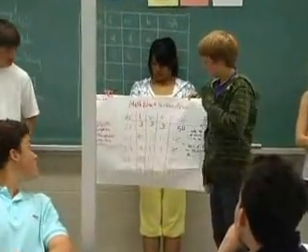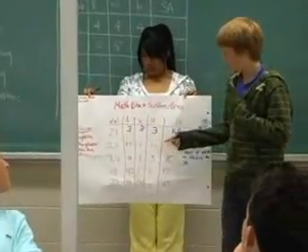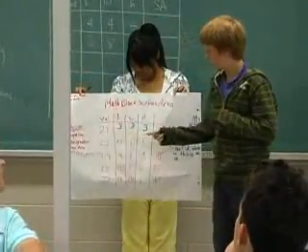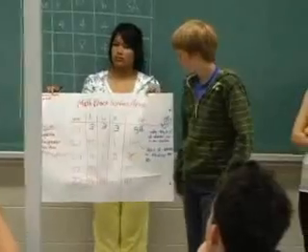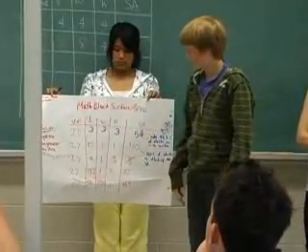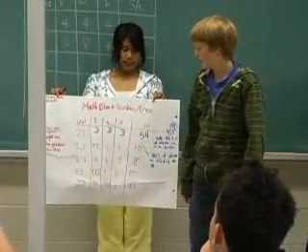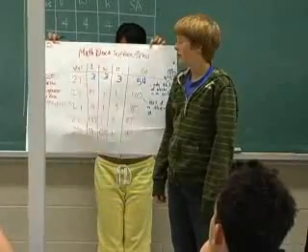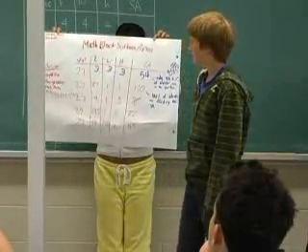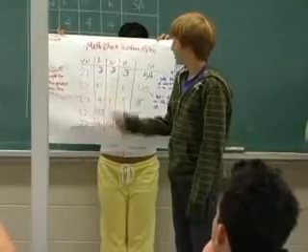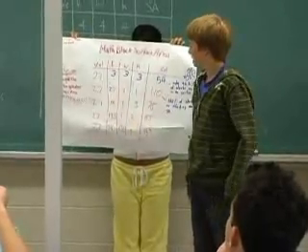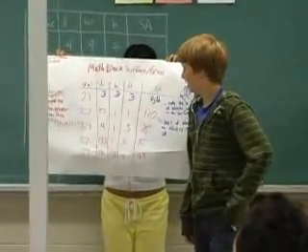We did a volume of 27, and we made a cube first, and our length was 3, our width was 3, and our height was 3, and our surface area was 54. Then we did a length of 27, width of 1, and a height of 1.